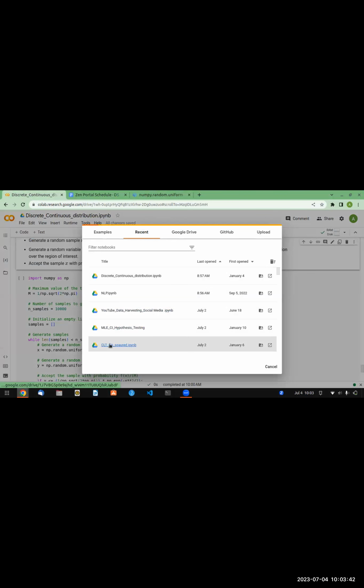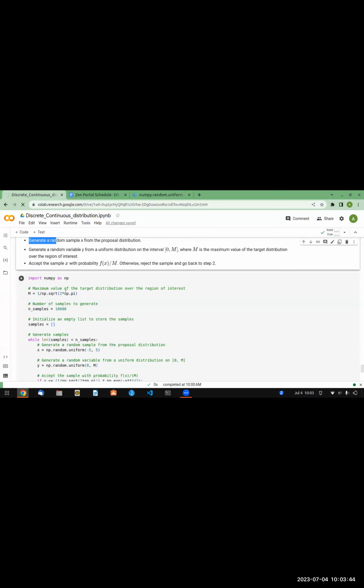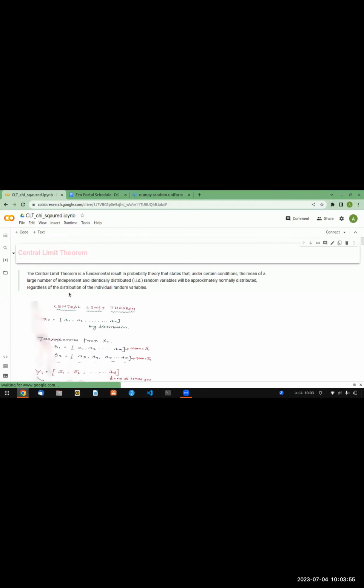I have uploaded notes. Here one important theorem is coming into the picture, which you are going to use extensively in your work. That is called CLT. CLT is the theorem, and this is a brain twister actually. Okay, guys, you have to concentrate on my explanation here, or you will get confused.